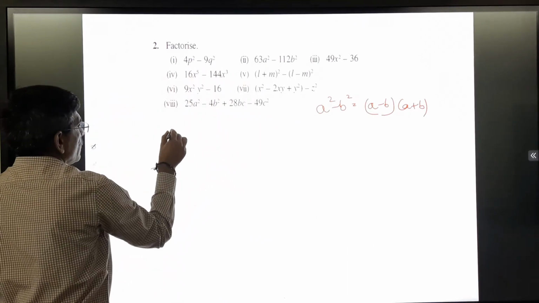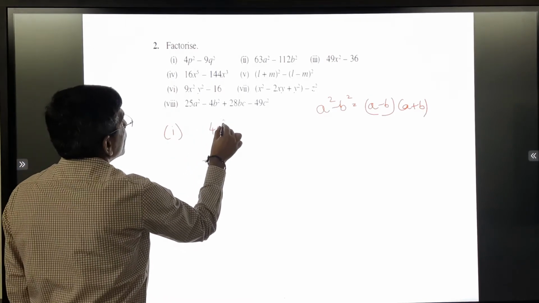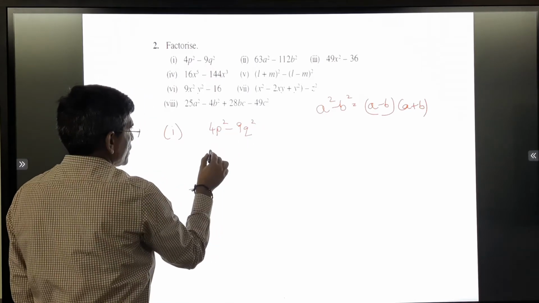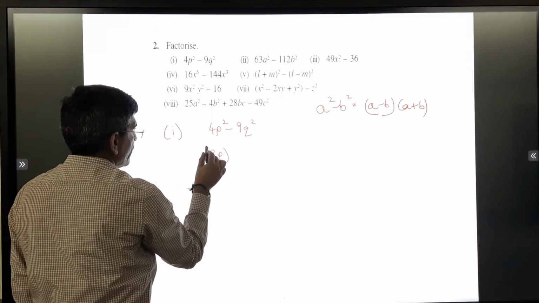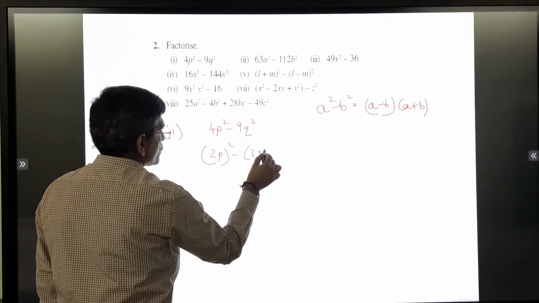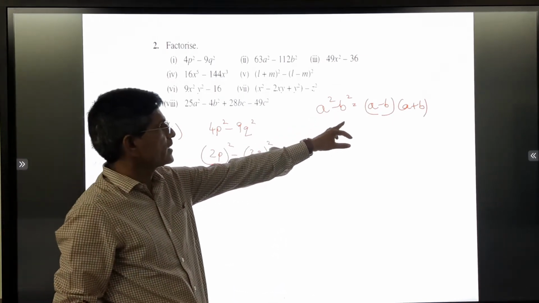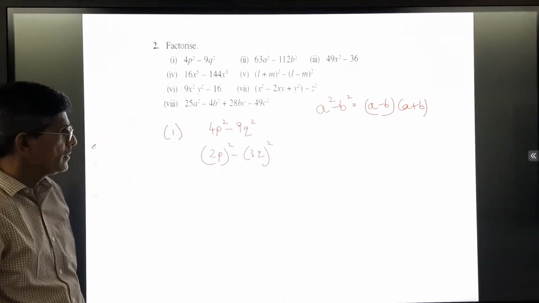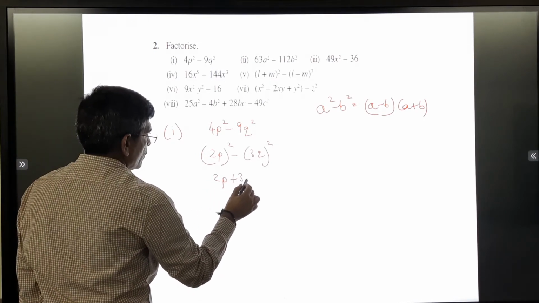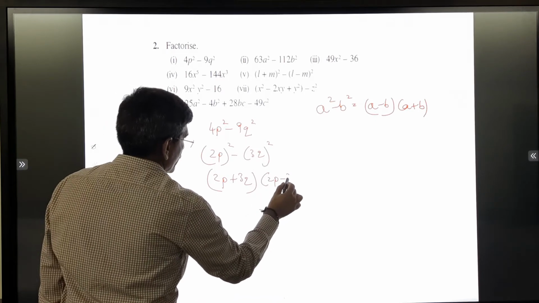So doing the first sum, 4p square minus 9q square: 4p square means what? 2p whole squared. 9q square means what? 3q whole squared. Now again the same identity, a square minus b square, is a plus b, a minus b. So I write 2p plus 3q and 2p minus 3q.